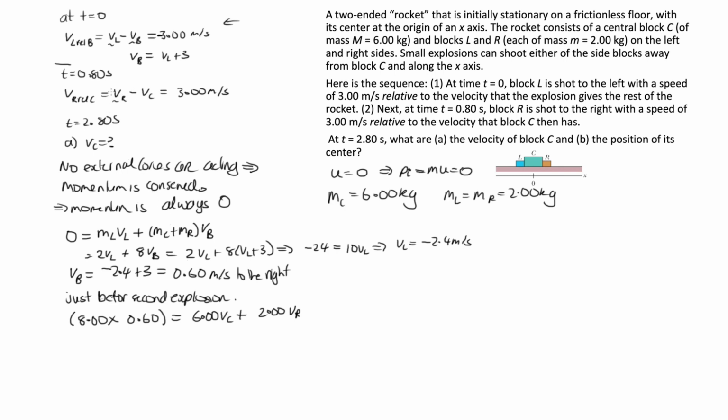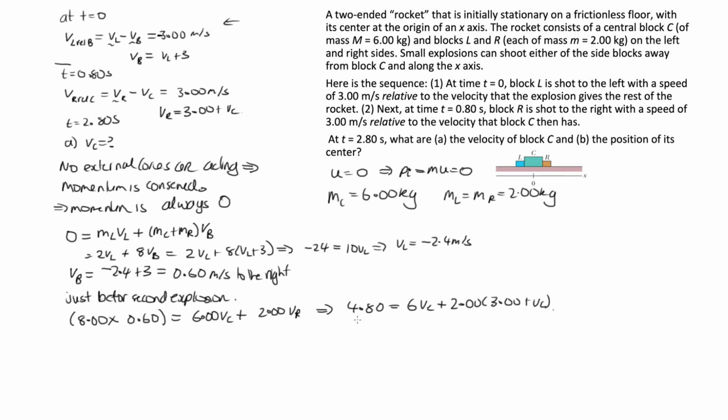So this is what conservation of momentum tells us. And what the relative velocity equation tells us is that we can rearrange this a little bit and write V of R is equal to 3 plus V of C. So let's substitute in here for V of R. So we've got 8 times 0.6, which is equal to 4.8, is equal to 6 VC plus 2 times 3.00 plus VC.